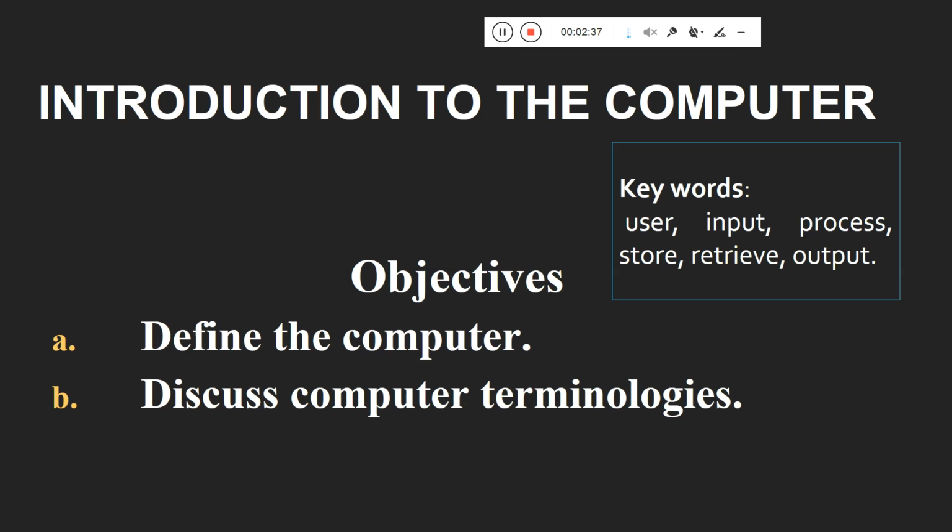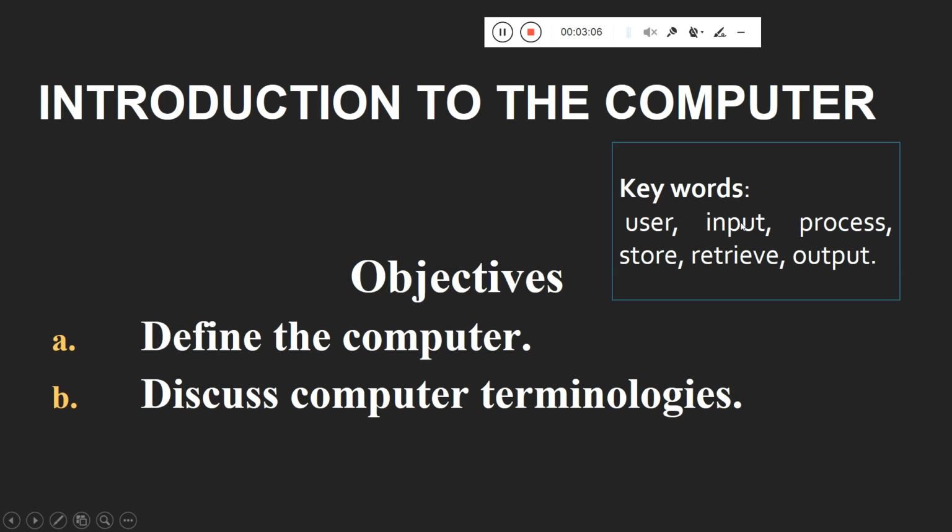All we need to know is I've picked one of the devices that you hear people mention when they talk about ICT in general, and this device is known as a computer. And so we want to understand what this computer is, and we should be able to look at some terminologies, some of the terms that you'll hear as you use this device or machine.